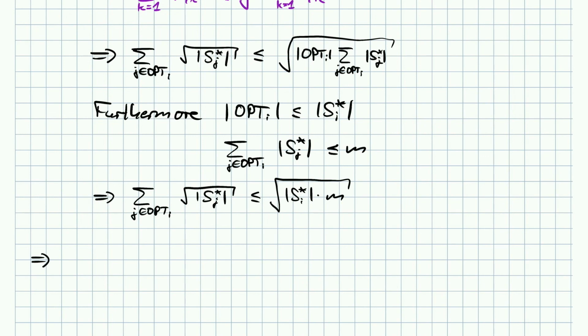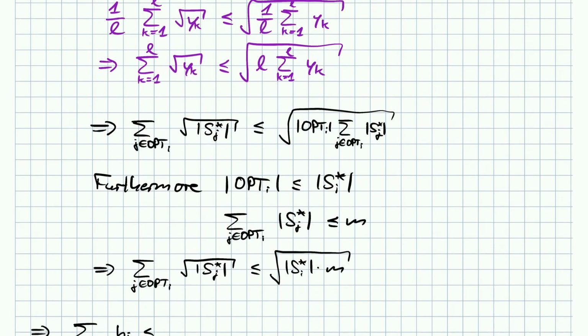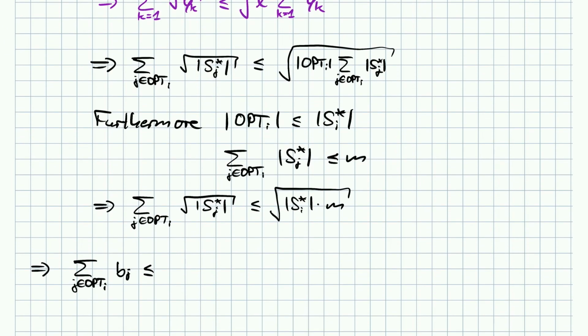We are getting to the sum of all j in opt-i bj being at most bi over the square root of the size of Si star, and then we multiply this by this thing here, the square root of the size of Si star times m, and this is square root m times bi.